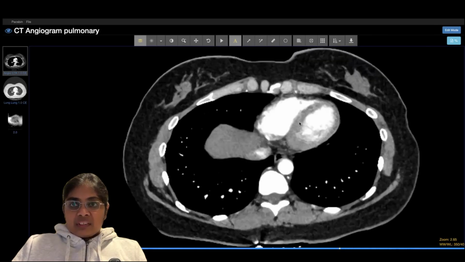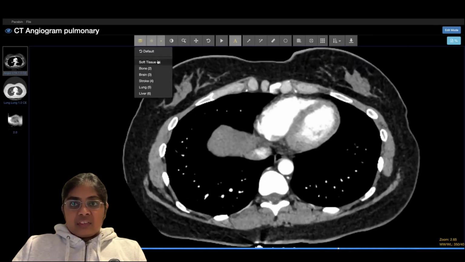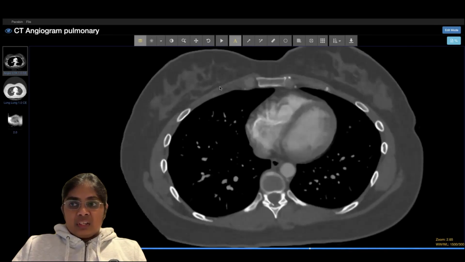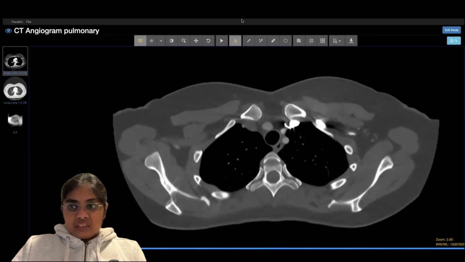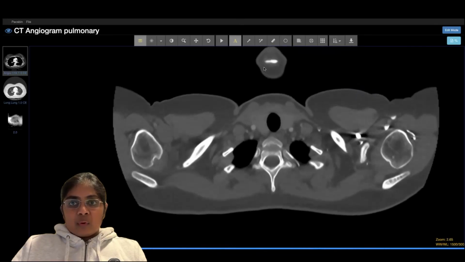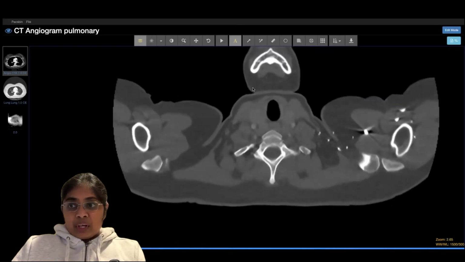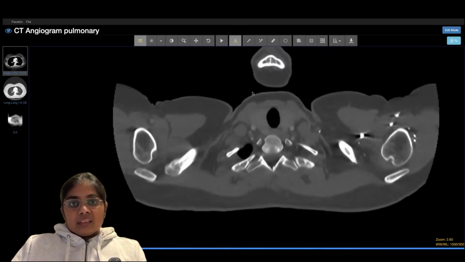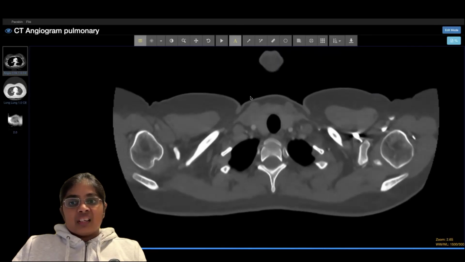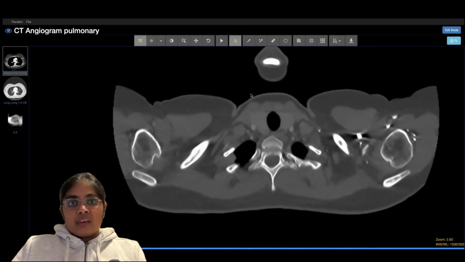Now that I've evaluated the soft tissue, the next thing I'm going to do is look at the skeleton, for which I've just moved the study onto the bone window. And there is no quick way of doing this. I evaluate it bone by bone.